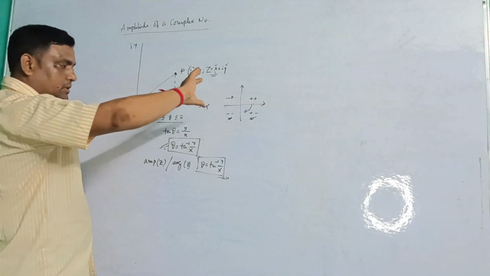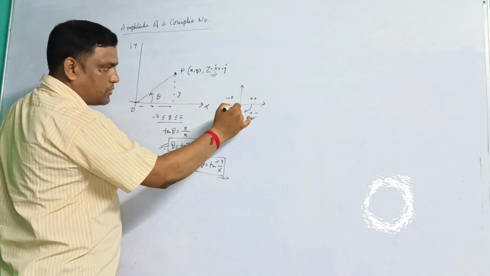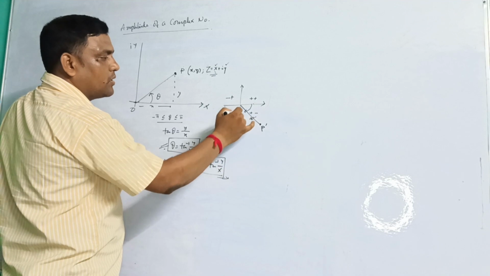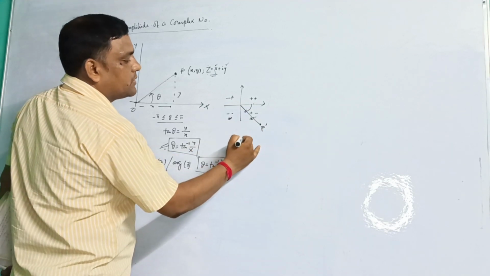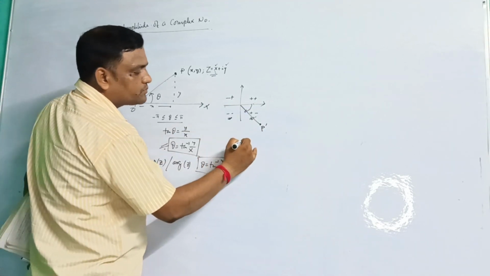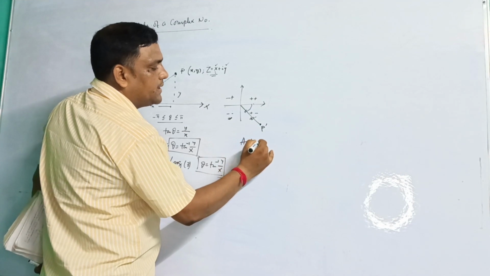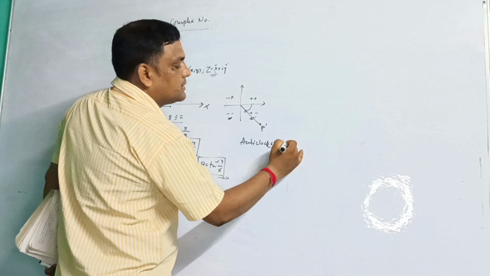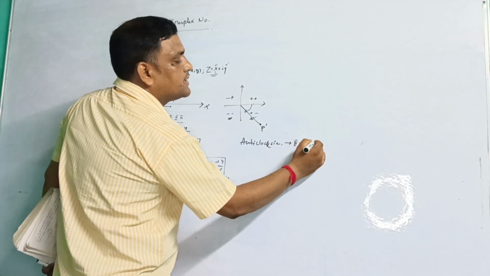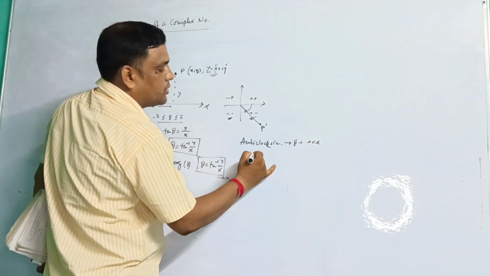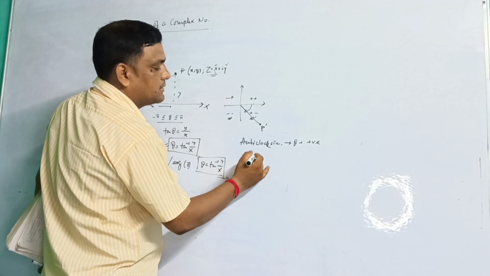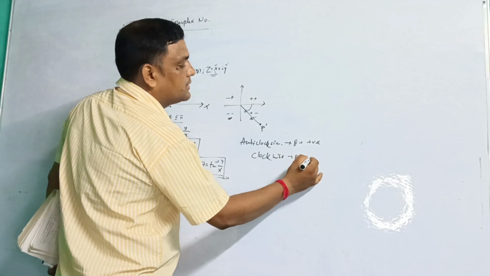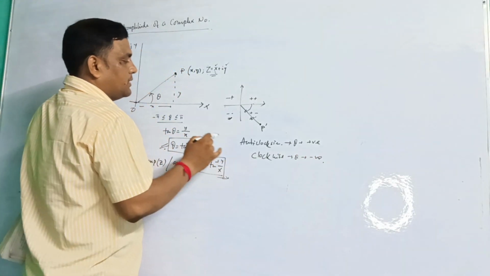In the clockwise direction, for a complex number P dash, the amplitude is always negative. In anti-clockwise, theta always gives you a positive value, and clockwise gives you a negative value.